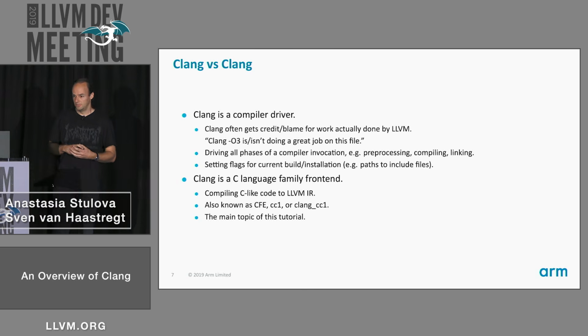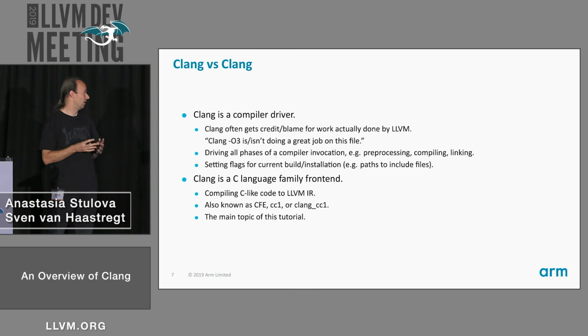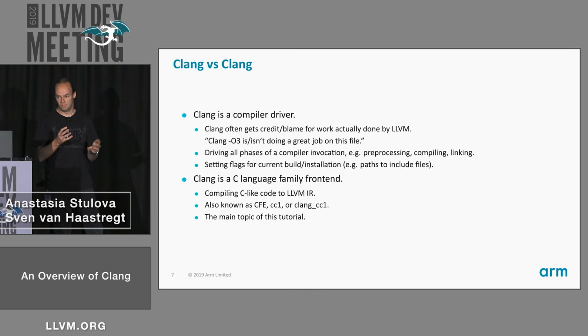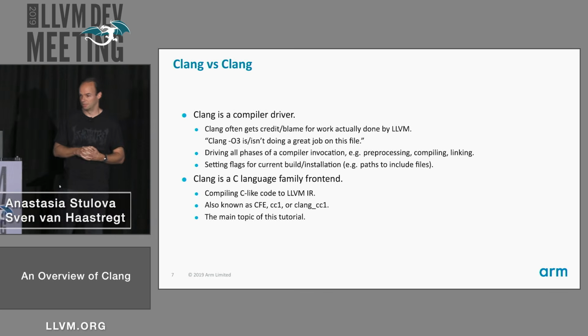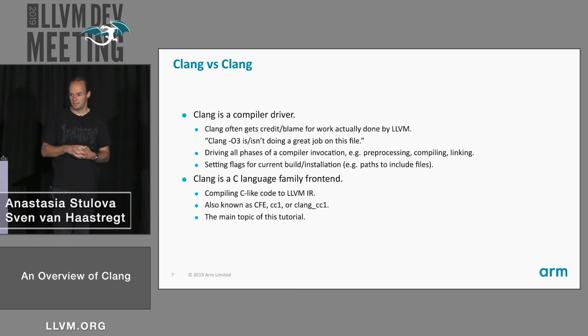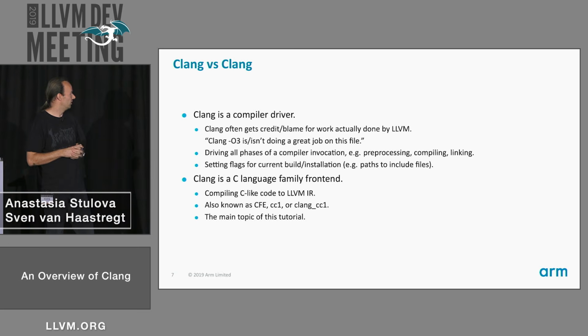There's actually two variants of Clang, as you may say. Basically, Clang is a compiler driver, and Clang is a language family frontend. They're actually different kinds of things, but both of them are referred to as Clang normally. The compiler driver is the thing that's mostly known by people outside of the Clang community.